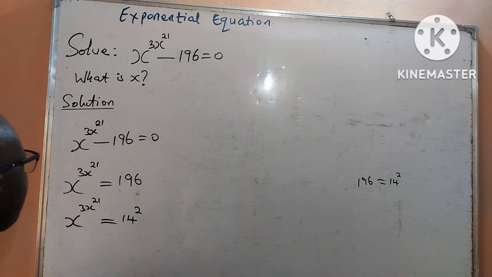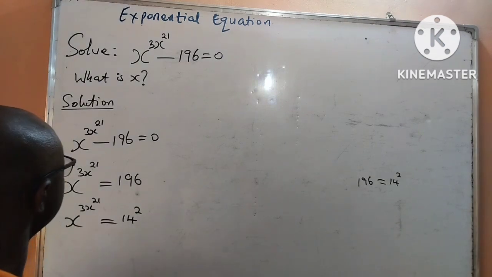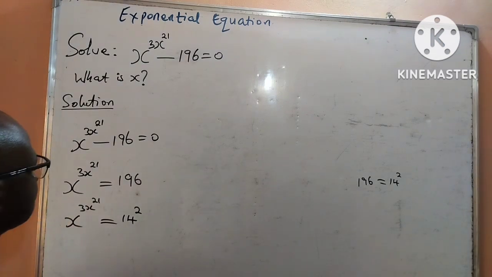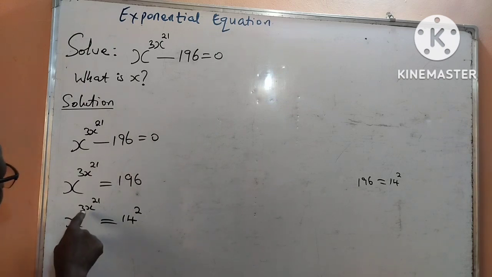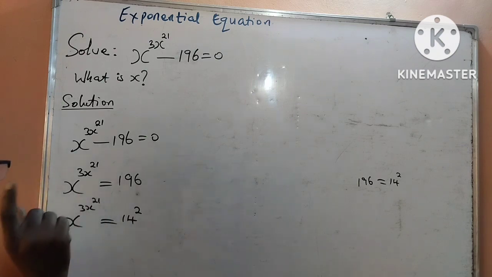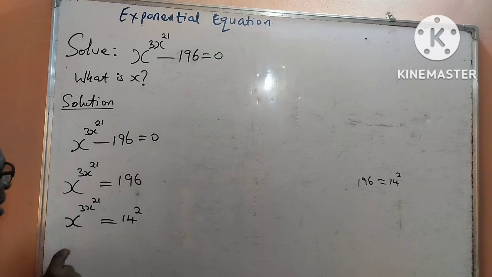Alright. Now, at this point, what I want to do next is to multiply both sides of the exponent by 7. My target and the reason why I want to multiply both sides of the exponent by 7 is because, since I have 3x to the power 21, I want to get 21 here where I have 3.